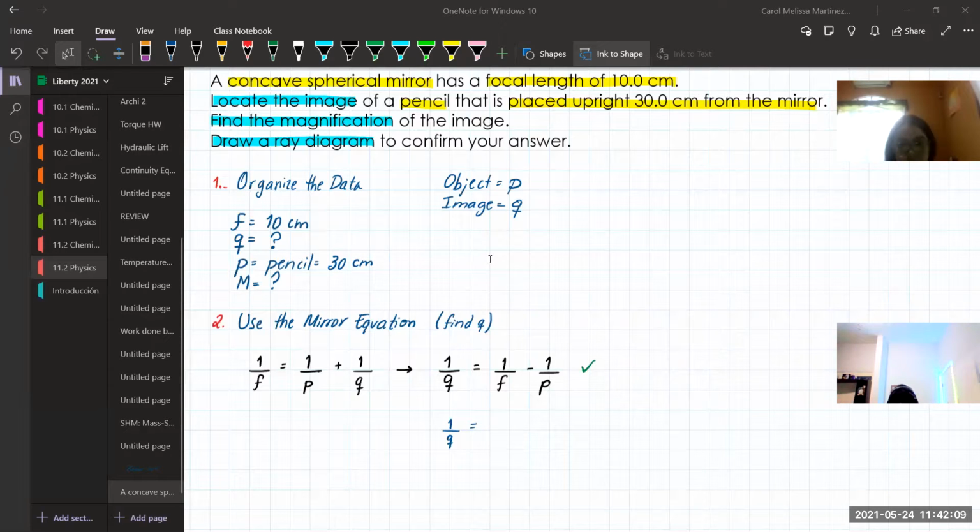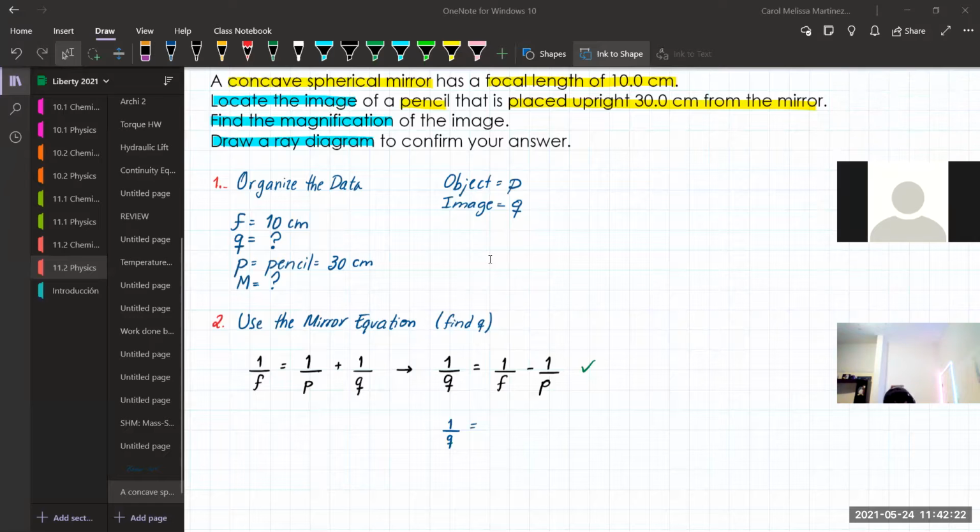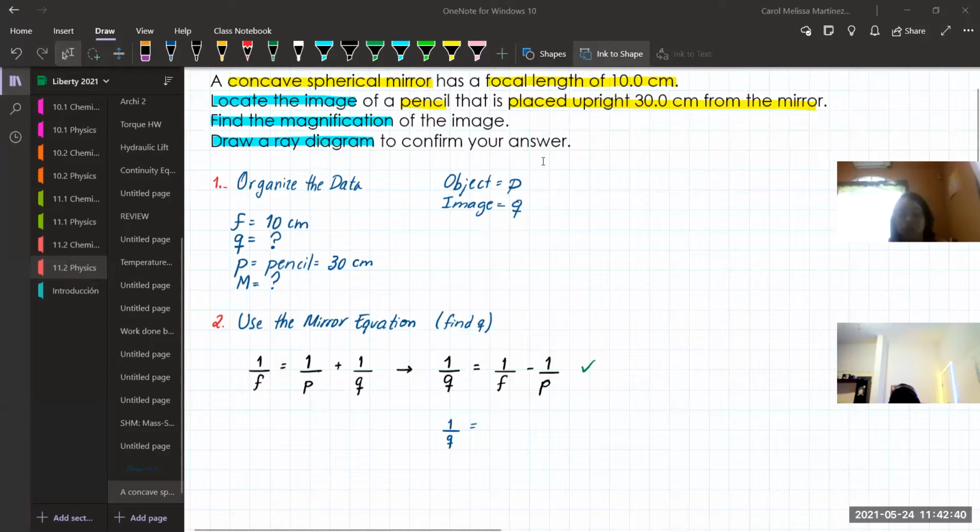Okay, the ruler that you have is probably in centimeters. So for this exercise, I really don't care if you write the answer in meters. Why? Because the ruler that you're going to be using to sketch this problem is going to give you centimeters. So I won't be working with meters in this problem.